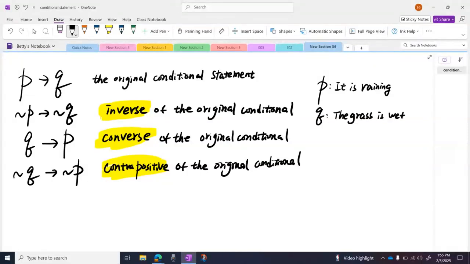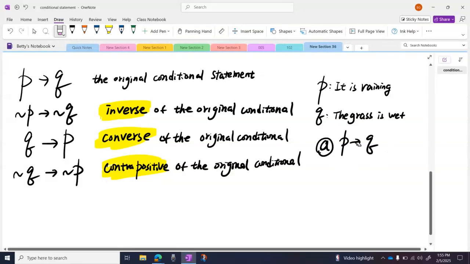By the way, the grass is outdoor and has no cover. Okay, the grass outside your house is wet. So in this case, we are going to find the inverse for P implies Q, find the converse for P implies Q, and find the contrapositive for those.